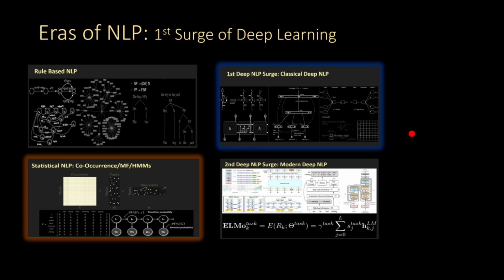Today's session, we're gonna pick it up from there, talk a little bit about a couple of remedies to the vanishing and exploding gradients, and talk more in depth about more recent methods in deep NLP.